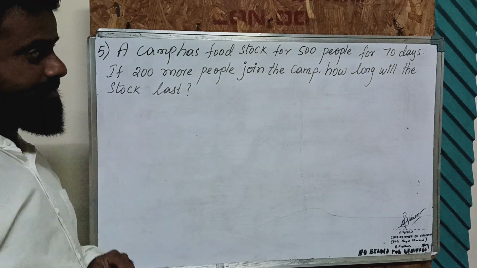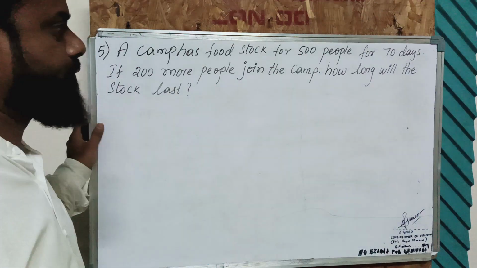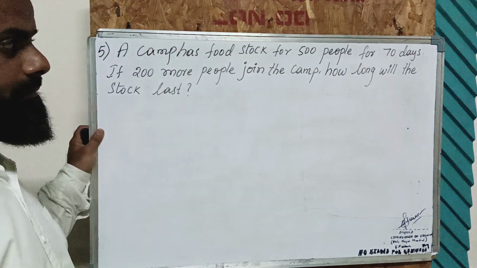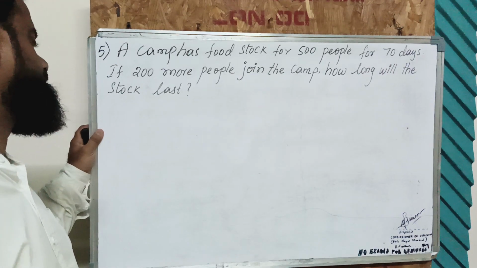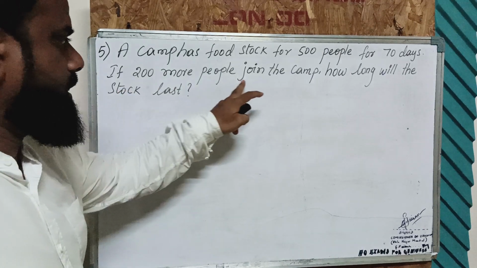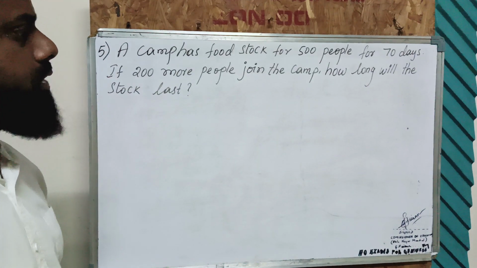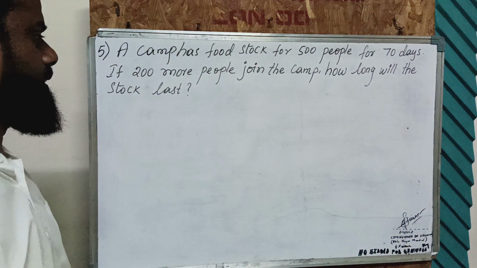So here is a camp with a limited food stock for 500 people, and it will last for 70 days. Now here 200 more people have joined the camp, and we have to check how long the stock will last.